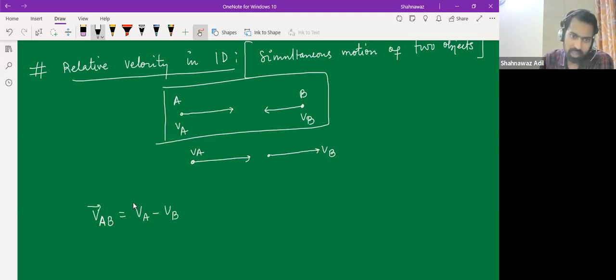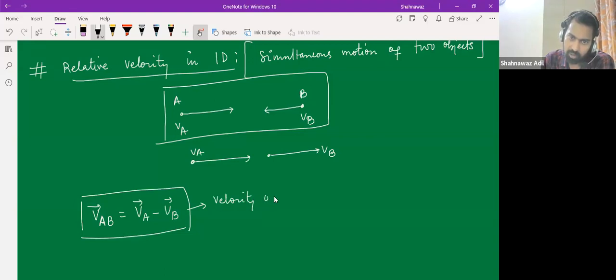So let me write the vector form. This is the velocity of A with respect to B. This is called the relative velocity.